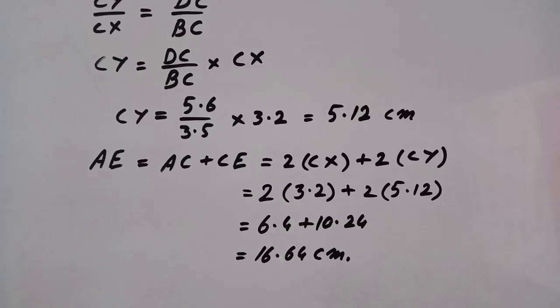To calculate AE, we put the values of CX and CY here, then multiply 2 with this one and 2 with this one. This way we have calculated AE equals 16.64 centimeters.